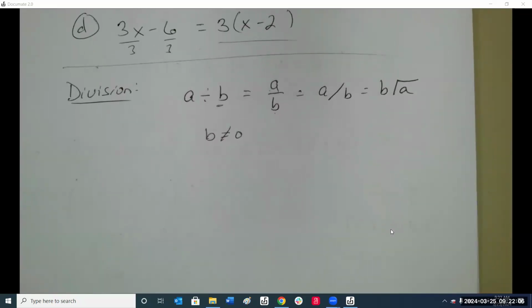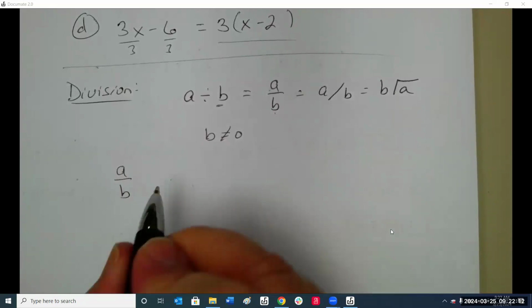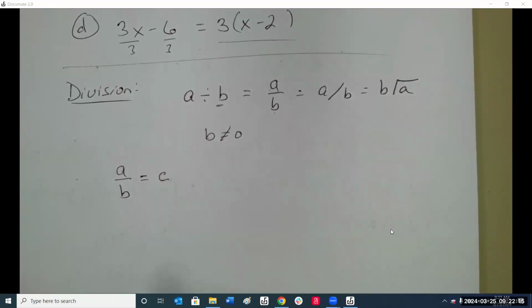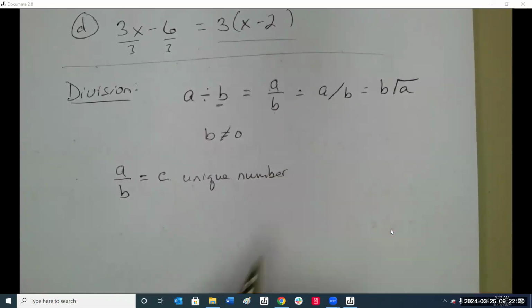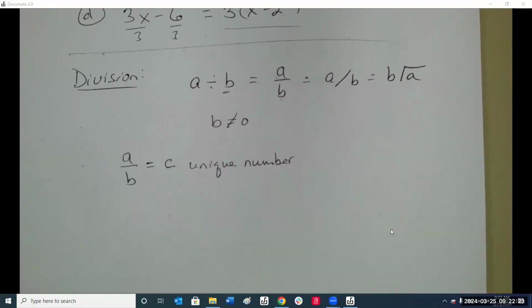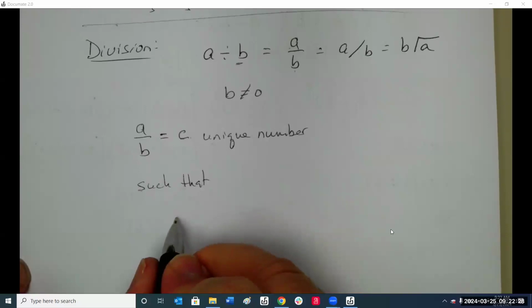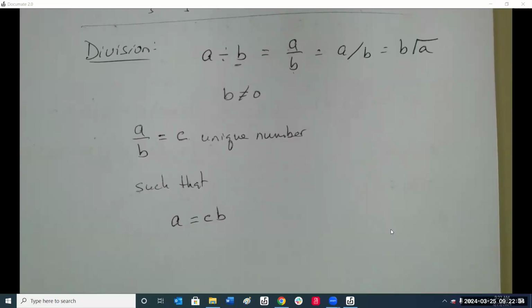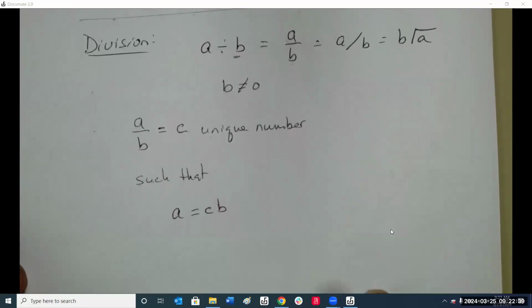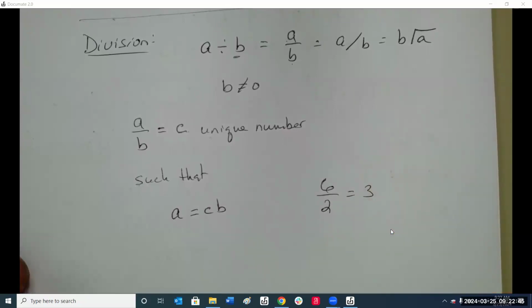The formal definition of division is this. A divided by B equals some unique number, C, such that A equals C times B. Six divided by two equals 3, right?